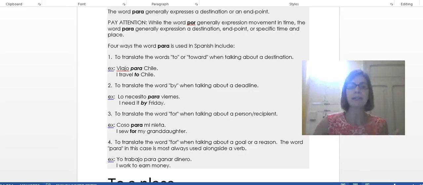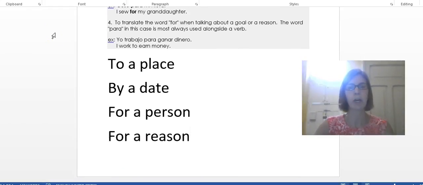Remember, our 4 reasons: if we're traveling to a specific place, para. If it's by a specific date, para. If it's for a specific person, para. Or if it is for a specific reason, para. So we're thinking much more specific with this word para.